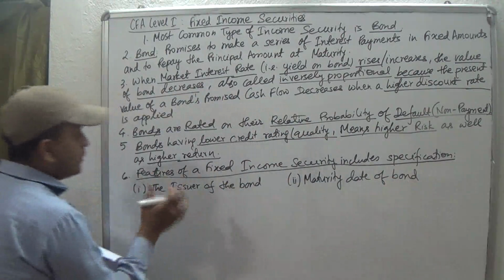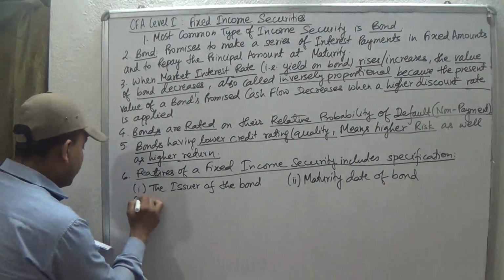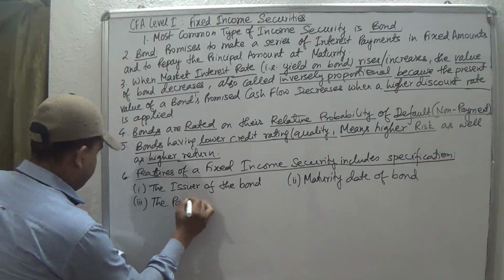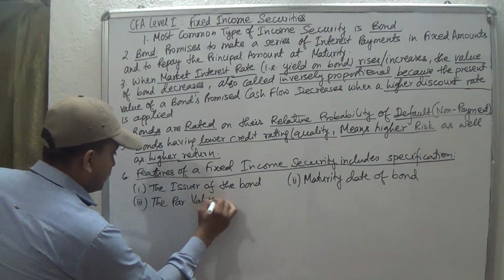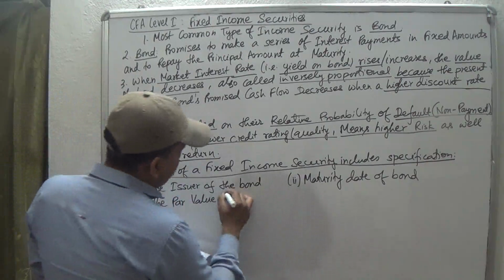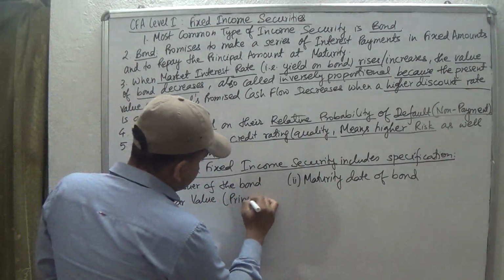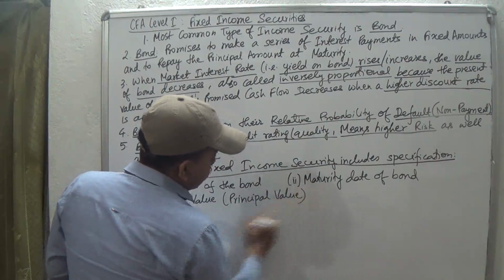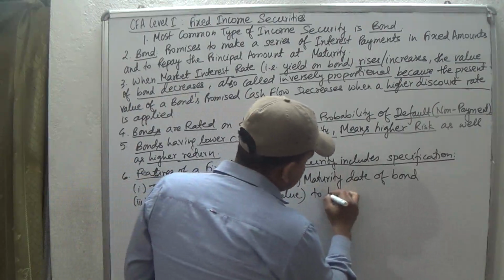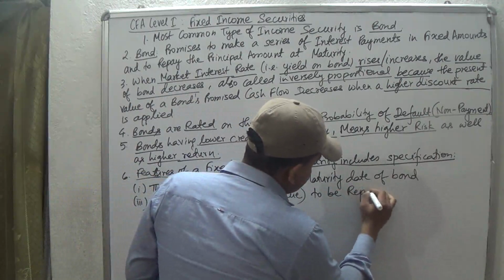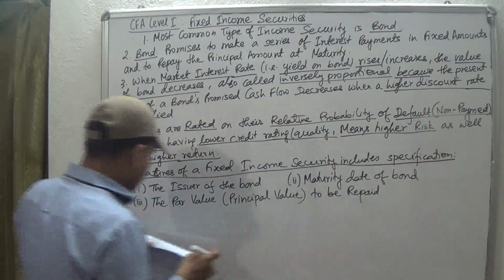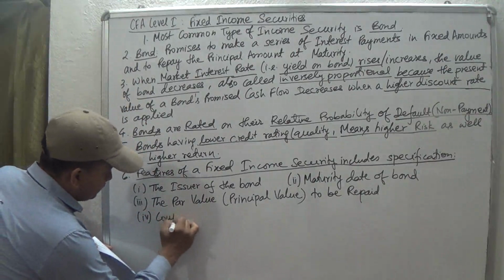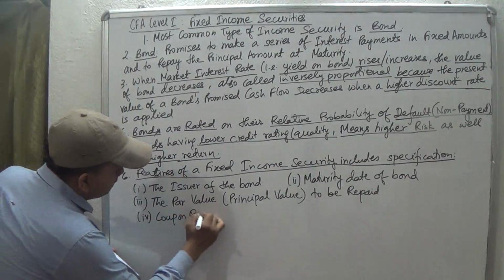Then the par value, or the principal value to be repaid. Fourth is the coupon rate and frequency.